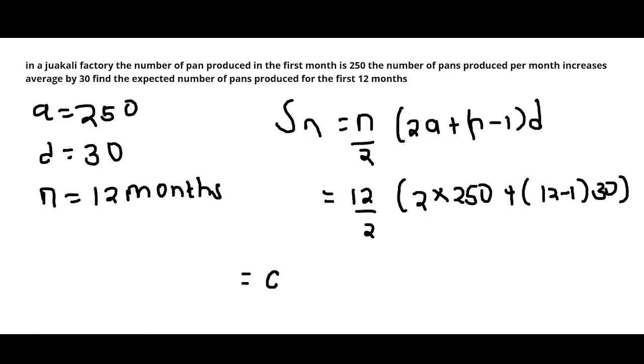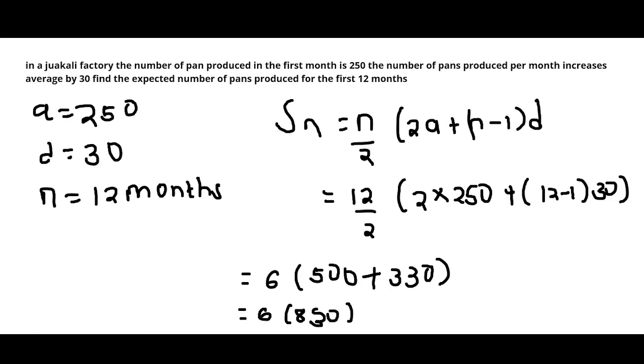So we get 6 times 500 plus 11 times 30, which is 330. So 6 multiplied by 830, we are going to get 4980 pans.